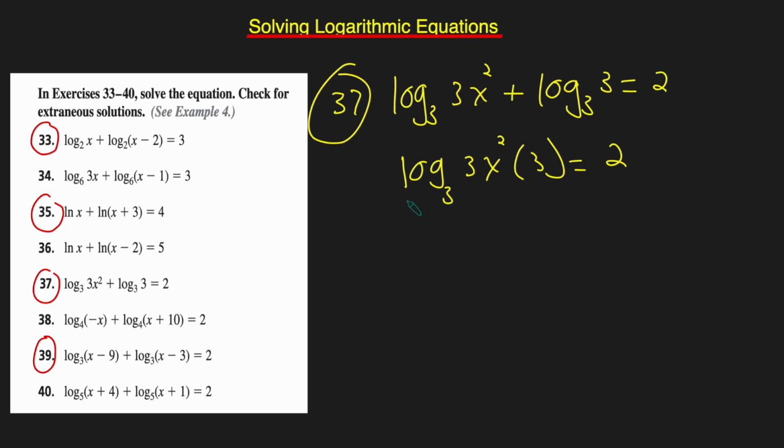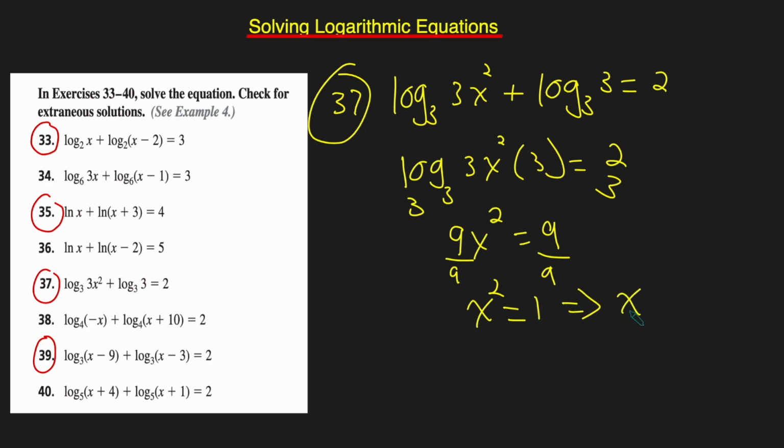We will raise this to the same base, and we're going to end up with 9x squared equals 9. We divide by 9, divide by 9. We're going to end up with x squared equal to 1, which gives us x equal to plus or minus 1.